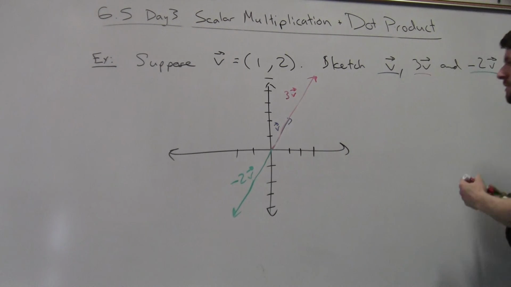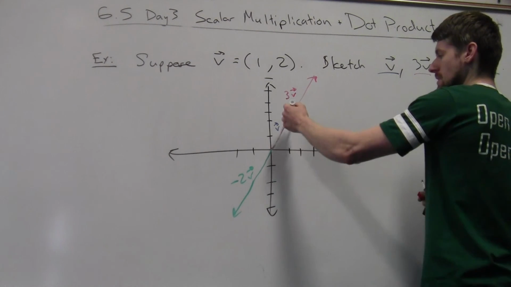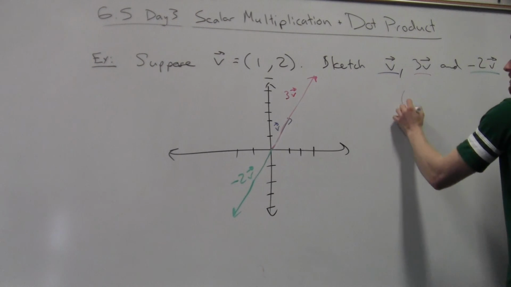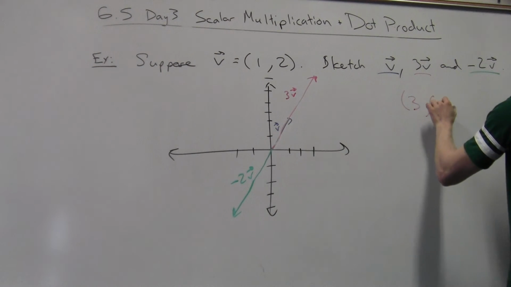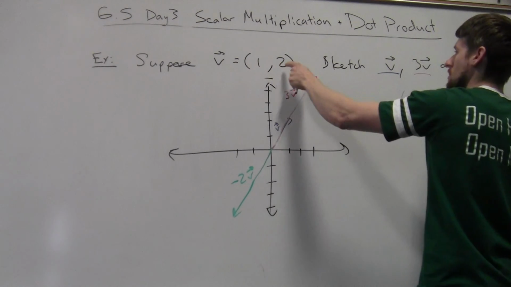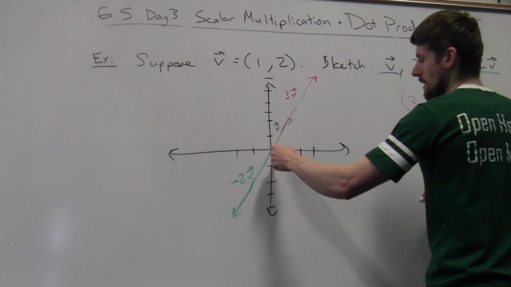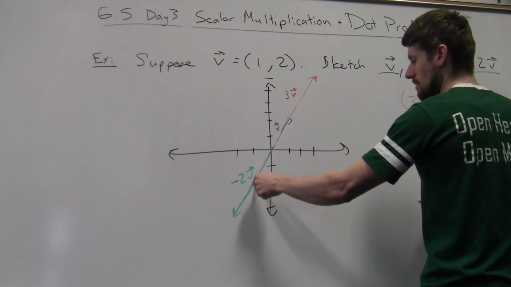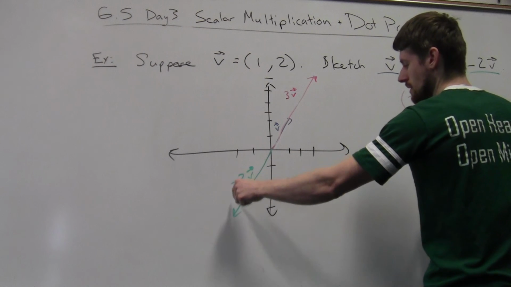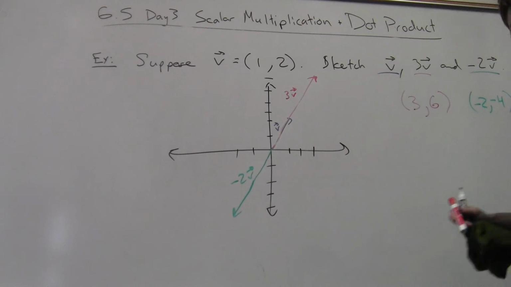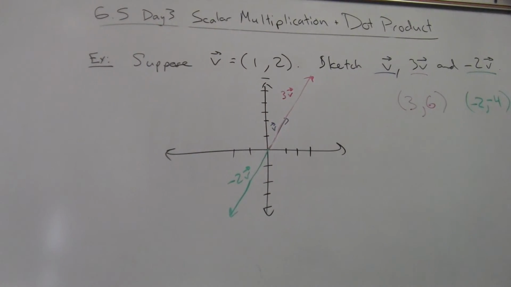Well, since we're going the same distance right and up 3 times for 3v, then this one is 3, 6, which is 3 times 1 and 3 times 2. And for the green vector, since we're going down and left, left 1, down 2, left 1, down 2, then the resulting vector negative 2v is going to be negative 2, negative 4.